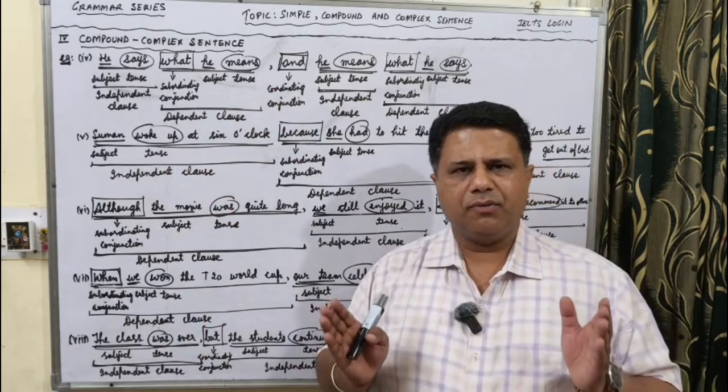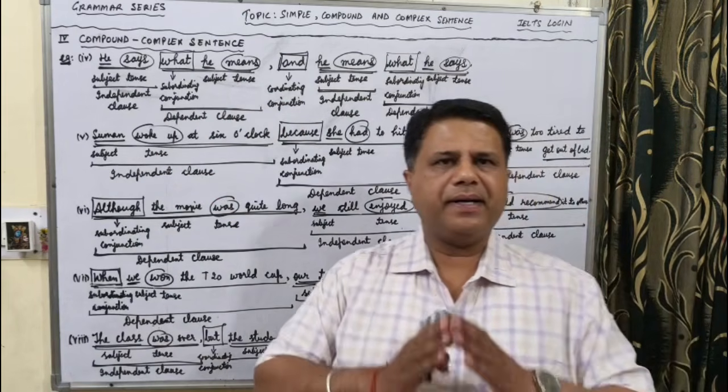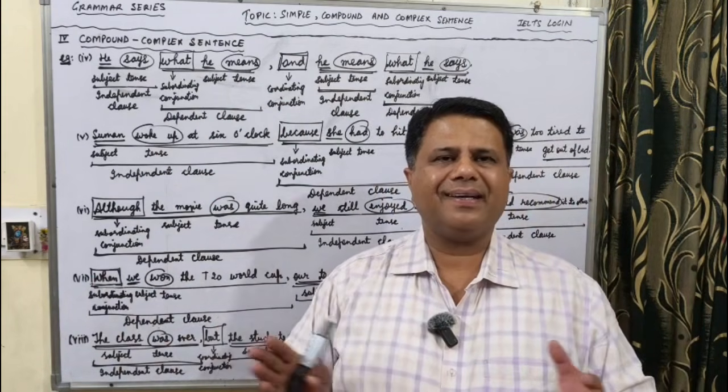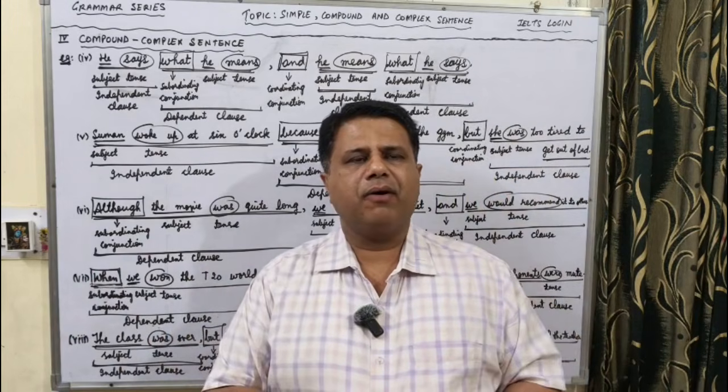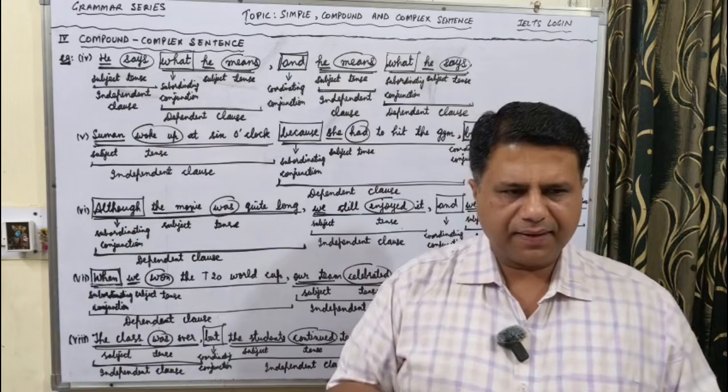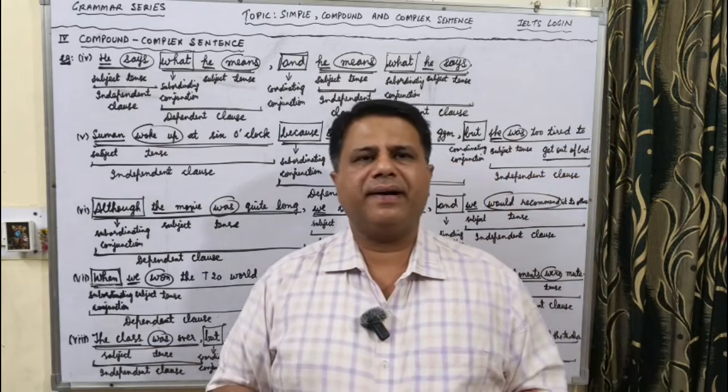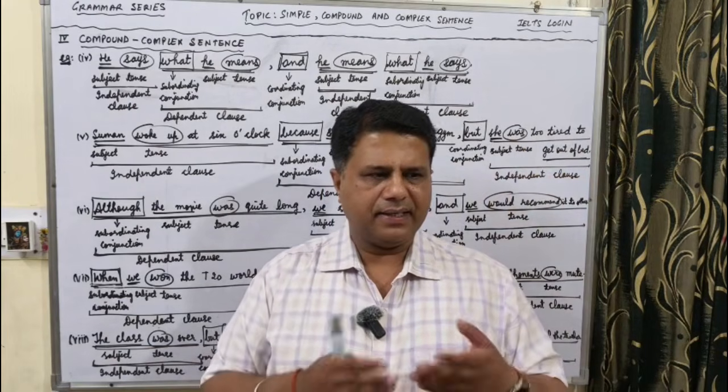The first thing you must understand is to separate the clauses and the conjunctions. If a conjunction is there, it will be a compound or complex sentence. If not, it is a simple sentence.